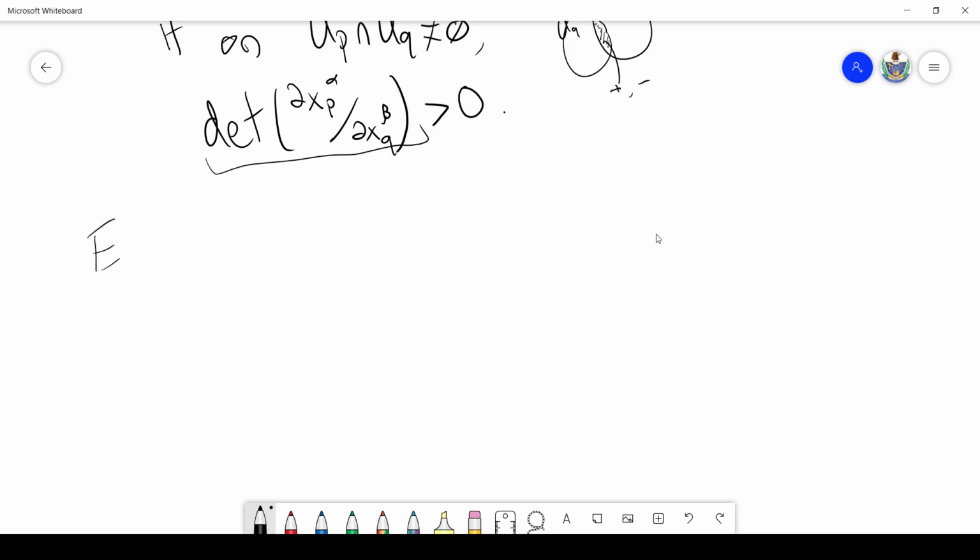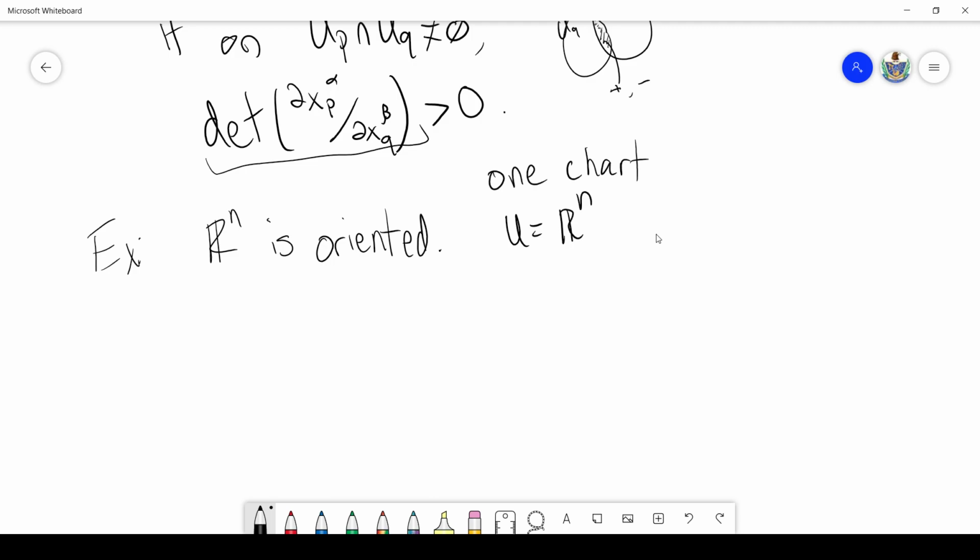So let's give an example. Euclidean space is oriented, where we take as its atlas, really we only need one chart, which is just all of Rn. The idea of a manifold is that we're piecing together Euclidean space, but if we just start with Euclidean space, there's nothing to piece together.